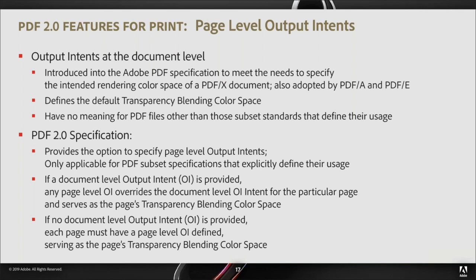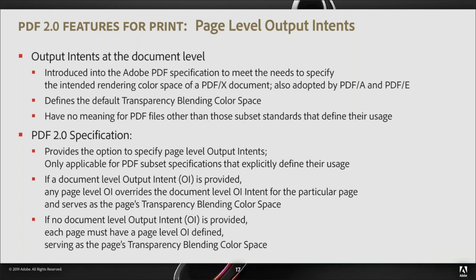It has no meaning for anything other than these subset standards such as PDF/X, PDF/A, etc. But it is basically one document output intent in everything before PDF 2.0. With PDF 2.0, we have the option to specify page level output intents.